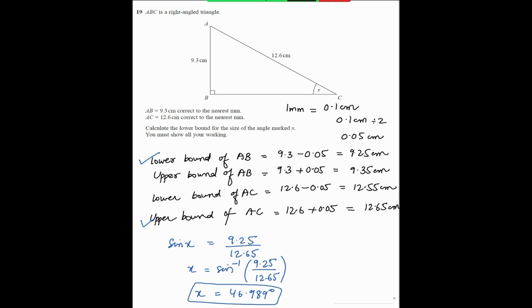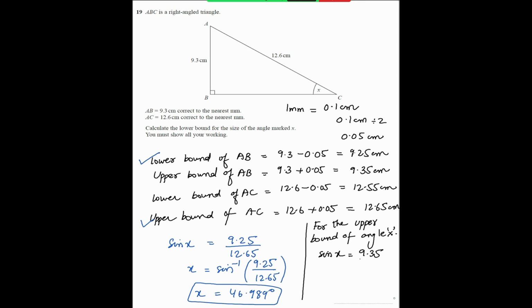But suppose they ask you the upper bound of angle X, what will we do? That's the extra part I'm doing here for the upper bound of angle X. For the upper bound of angle X, we just have to do sin X equals 9.35.